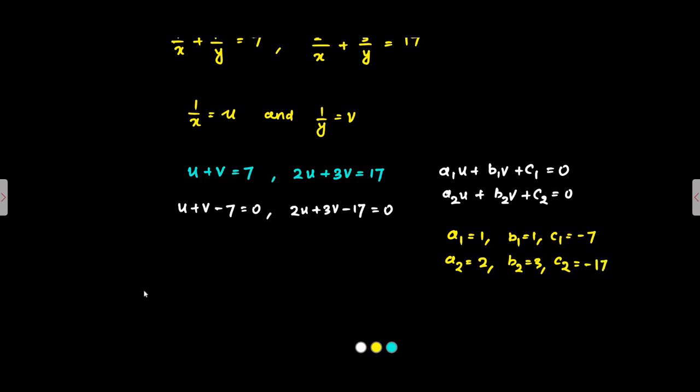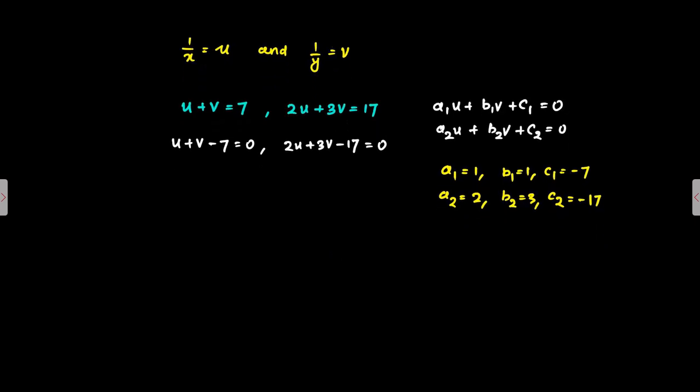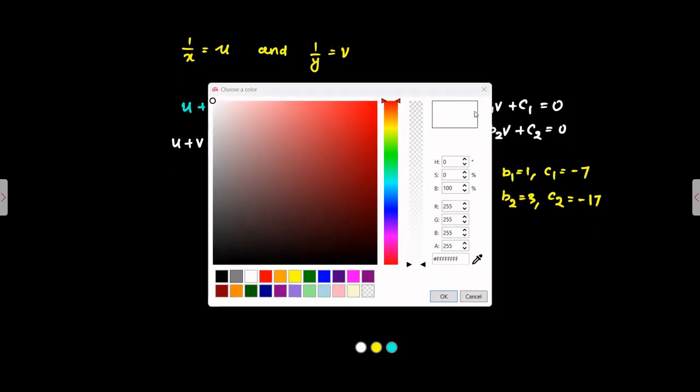So we'll write it in standard format, the cross multiplication diagram. The format will be the same, just in place of x, y and 1 we'll write u, v and 1.